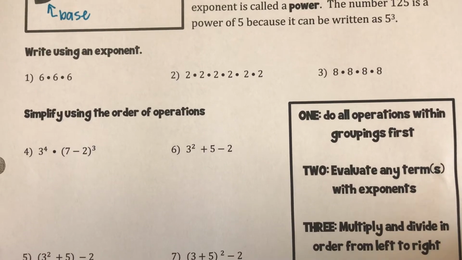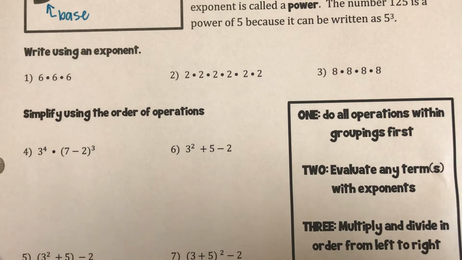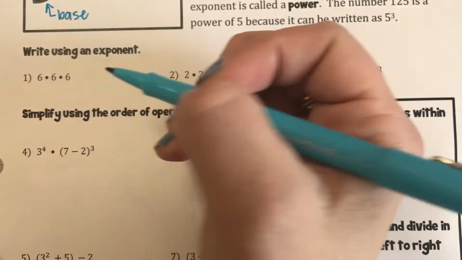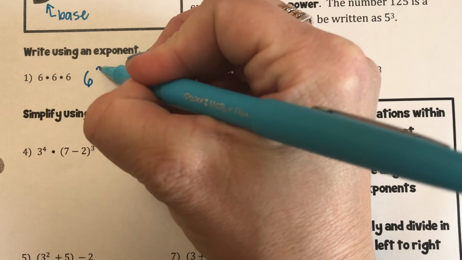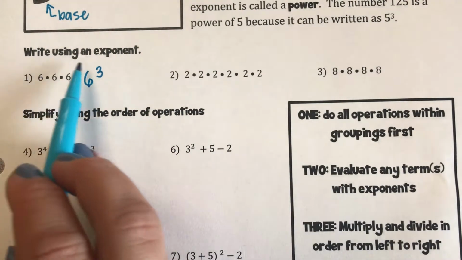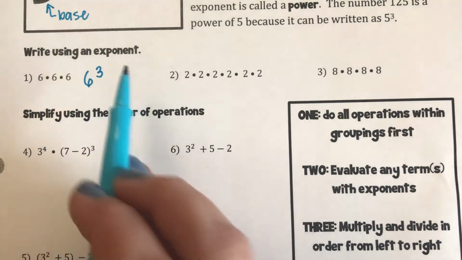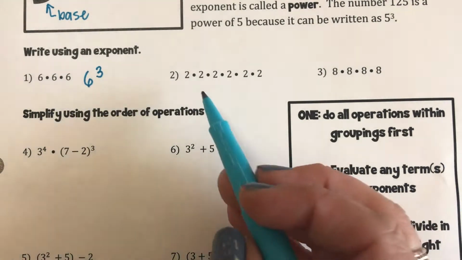So let's look down here where it says write using an exponent. So 6 times 6 times 6 would be 6 to the third, since 6 is used 3 times. Okay, and we have to make sure that we're reading the directions. It doesn't ask us to simplify it, it just asks us to write it using an exponent, right? So we don't actually have to work that out.